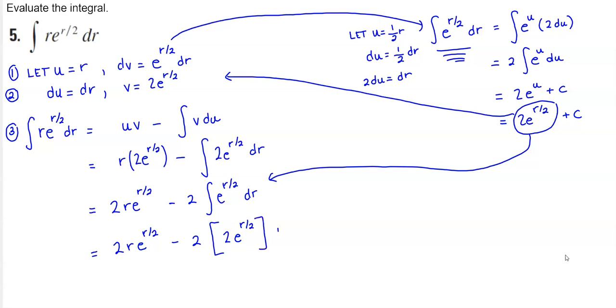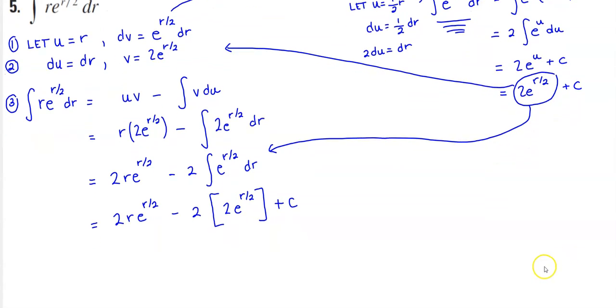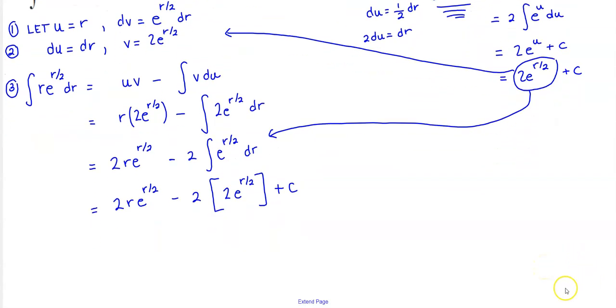And since we're taking the antiderivative, don't forget the constant plus c. And so therefore we end up getting 2 times r e to the power of r over 2 minus 2 times 2, which is 4 e to the r divided by 2 plus c.